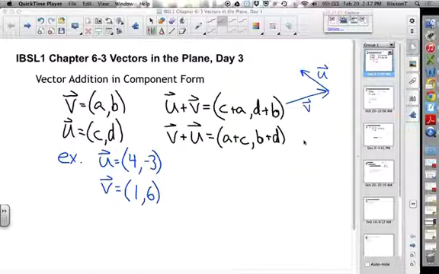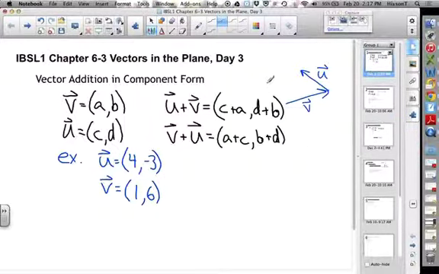Now, we talked about this when we were looking at the geometric representation of vectors. I could add v and then u, or I could add u and then v, and I still end up with the same result. That's my resultant vector, right? So I get the same result either way, and we said that showed the commutative property.